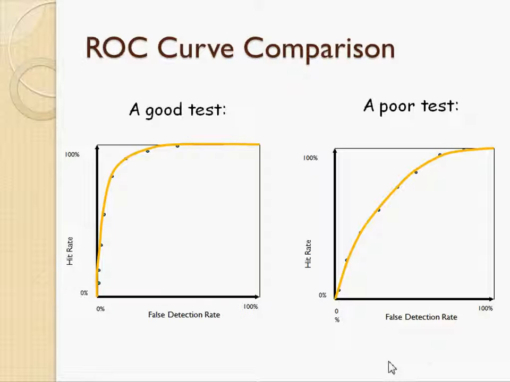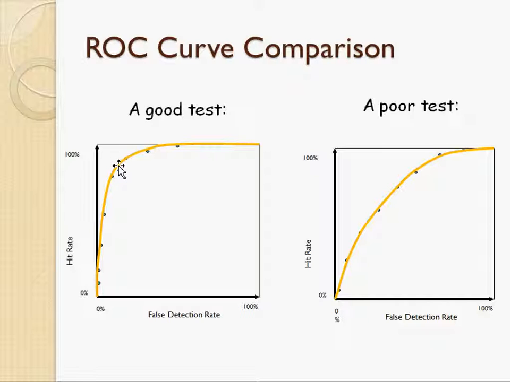Okay, so this gives us a way to find the best threshold by looking at the point where you have the shortest distance. Whatever the threshold that makes that point happen, that should be your best threshold.